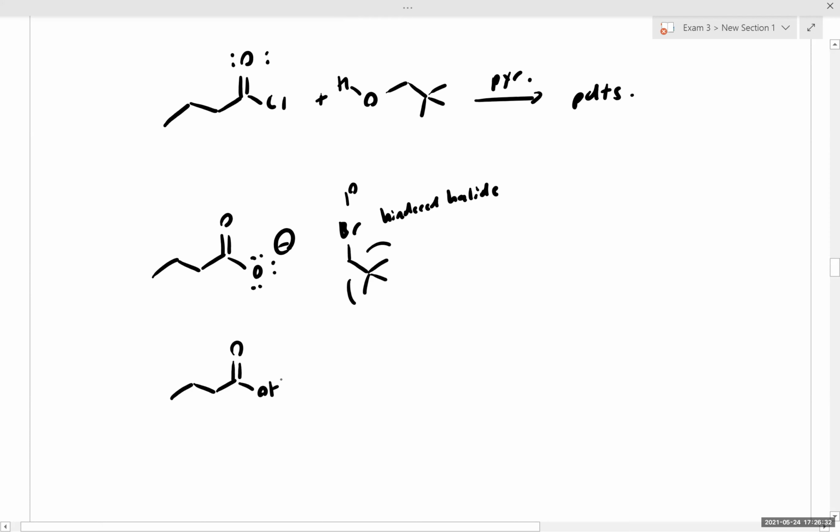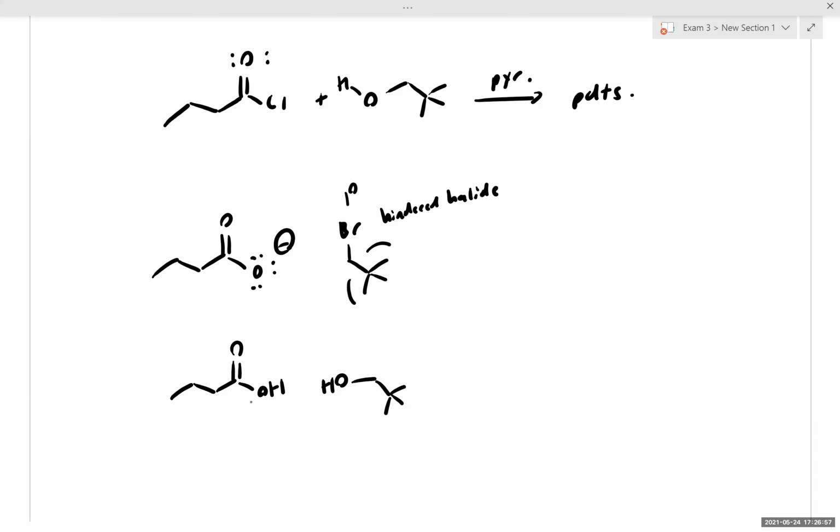By the same token, I have a lot of students who proposed a Fischer esterification, and again, that's a little tricky, mainly just because although this is a primary center, any ionization you can see shifts, and you'd also be hard pressed to get this really hindered nucleophile to react efficiently in the Fischer esterification.